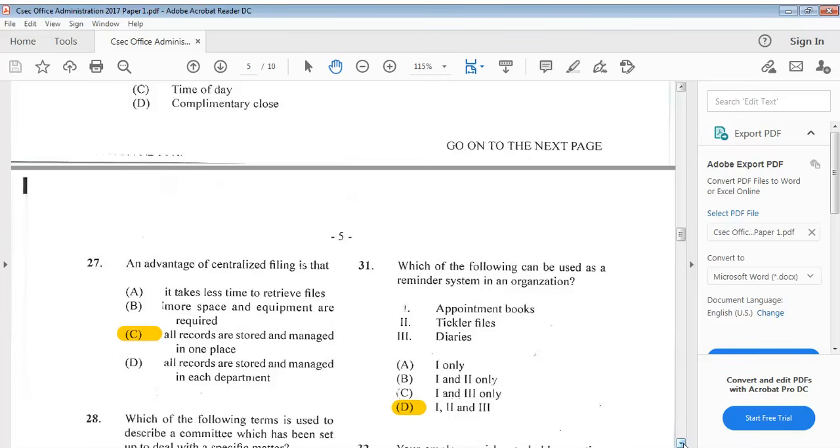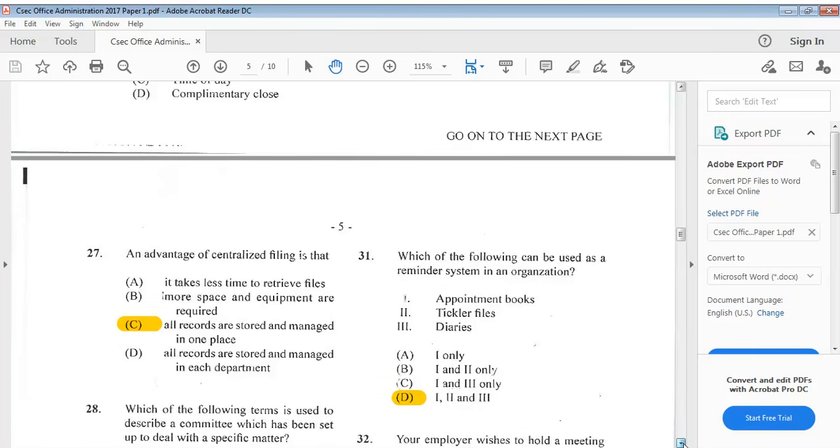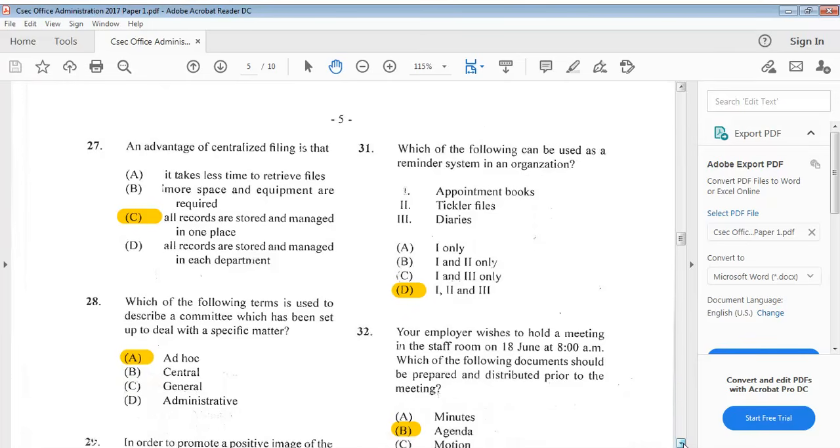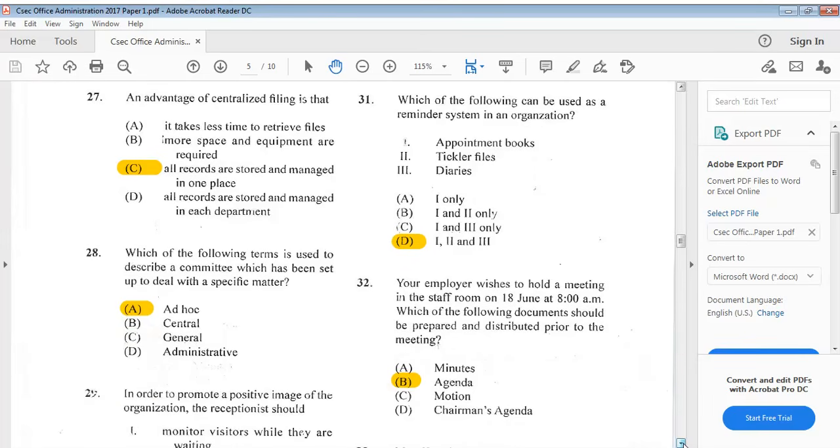Or D. All records are stored and managed in each department. So our answer would be C. All records are stored and managed in one place, right? That's what centralized filing, an advantage of it.